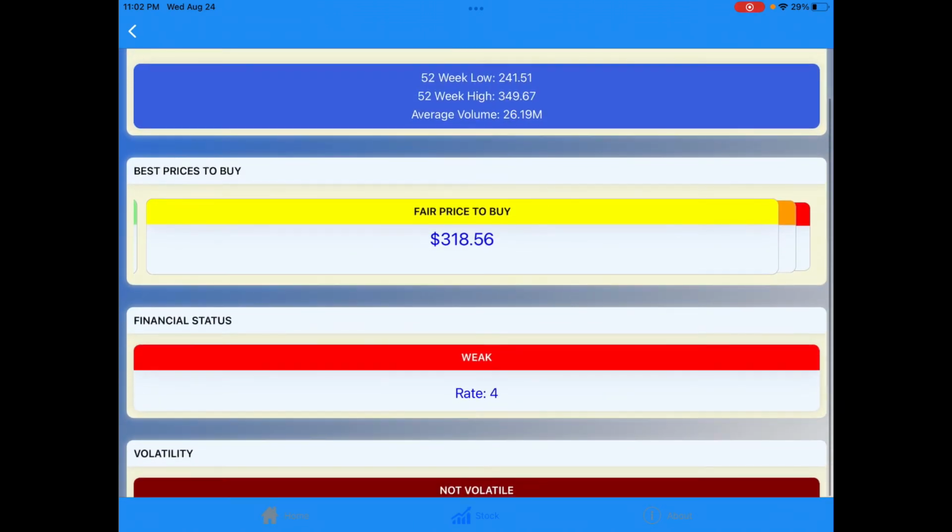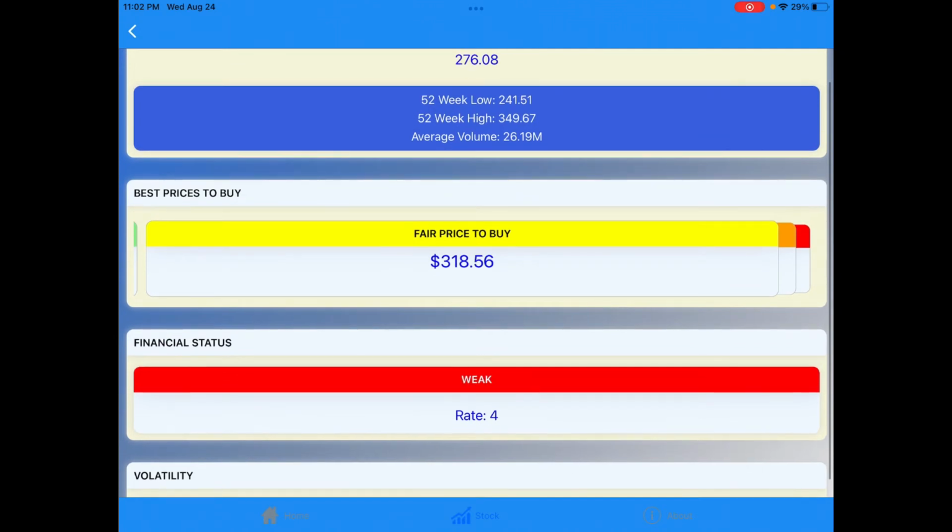Is this a good company to invest in? So the app is saying the financial status of Microsoft as it is now is weak. That could be for a lot of reasons. A company like Microsoft generates billions of dollars in revenues.